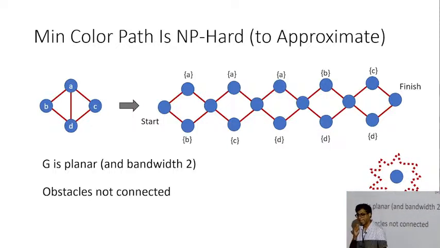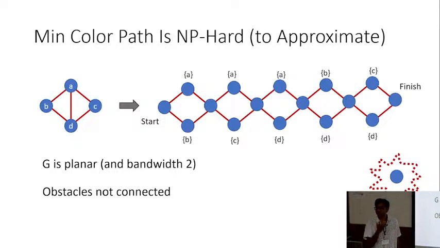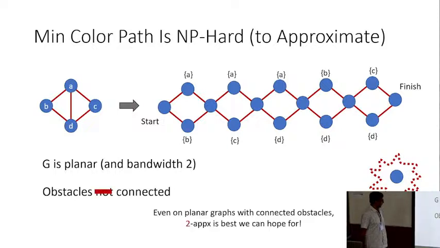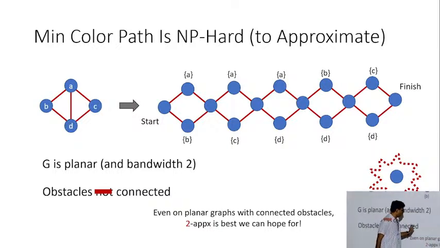Now notice that every color has become connected, and the same reduction will hold through. But of course this graph is not planar. But it is almost planar, because if you just delete one vertex from this graph, the graph becomes planar. So now obstacles become connected, and so even on planar graphs, with connected obstacle, 2 approx is best we can hope for.